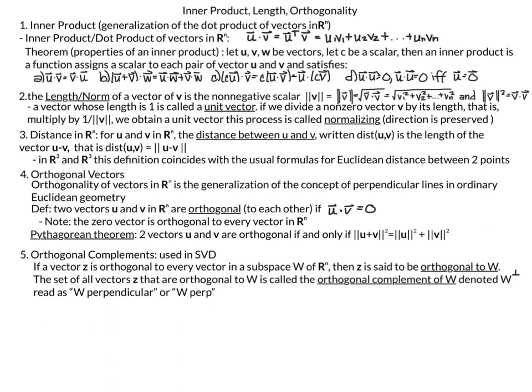Our last topic of this video is orthogonal complement. So we're going to discuss this concept, and then we will use it in a later video when we talk about singular value decomposition.